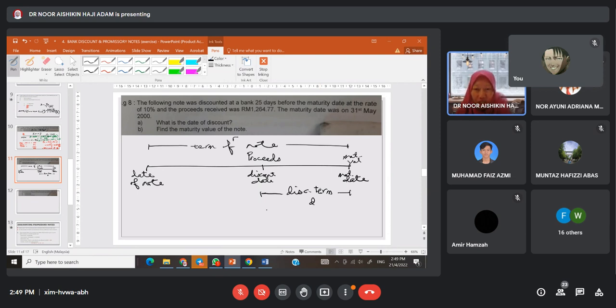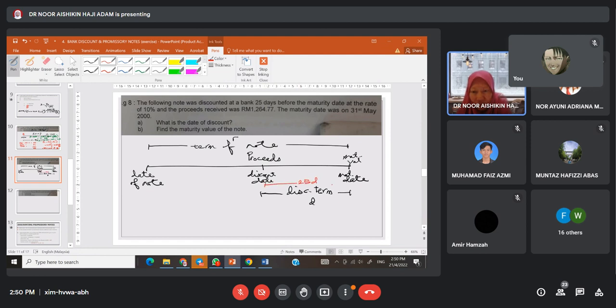Boleh? So, based on what we have there, the note was discounted 25 days before the maturity date. Maknanya the term between the discount date and the maturity date is 25 days.